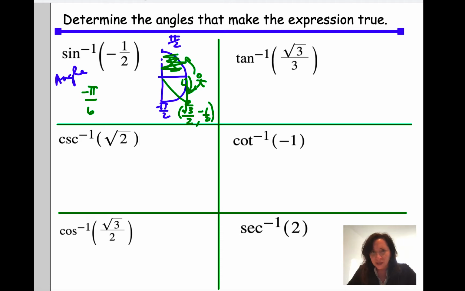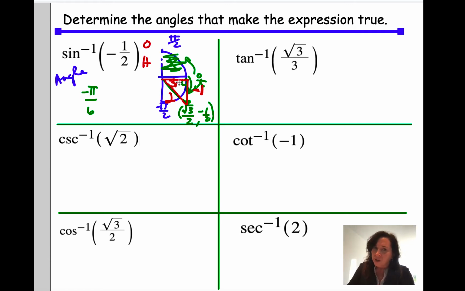The other option for completing this problem is you also could have looked at this triangle here and said, well, sine is opposite over hypotenuse, which means that my hypotenuse would be 2 and the opposite side would be -1. And if you're thinking of that, you're thinking, well, what angle would be opposite of 1?